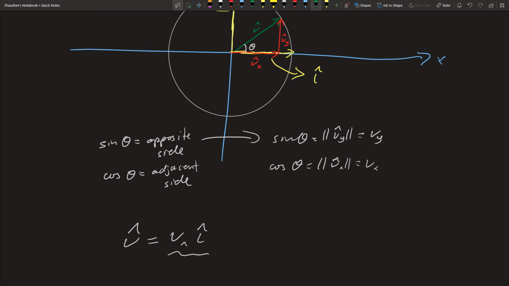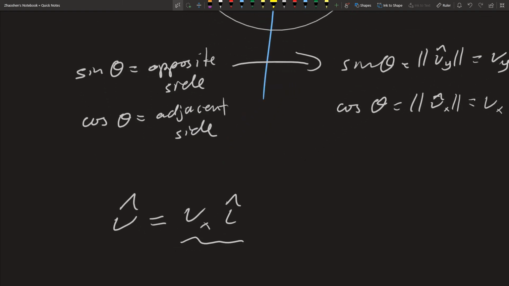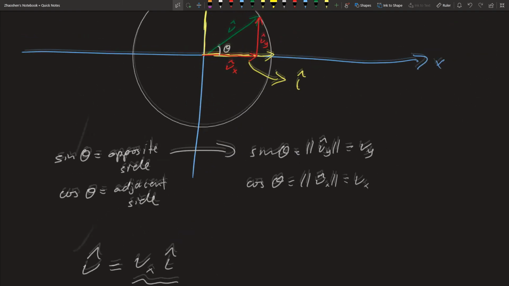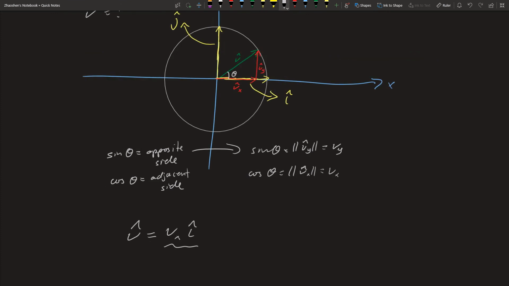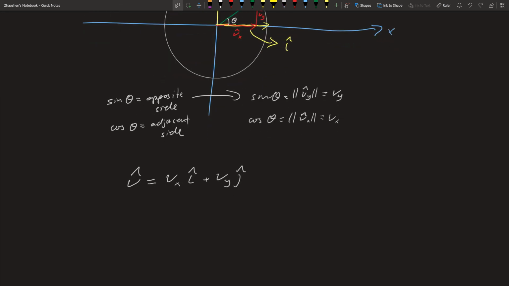And notice that the maximum value of sine and cosine is 1, right? They're usually less than 1. Meaning that this v sub x is less than 1, it will scale I down. It will never scale I up. Then you add it with v sub y, j, right? And then you substitute sine and cosine, meaning that any unit vector can be written as cosine theta I plus sine theta j, right?